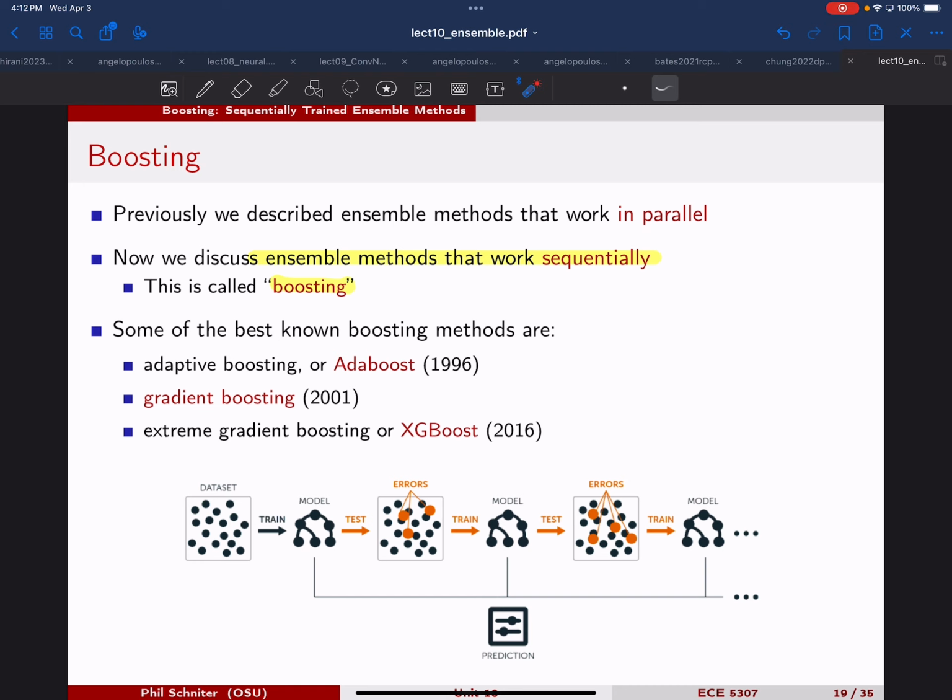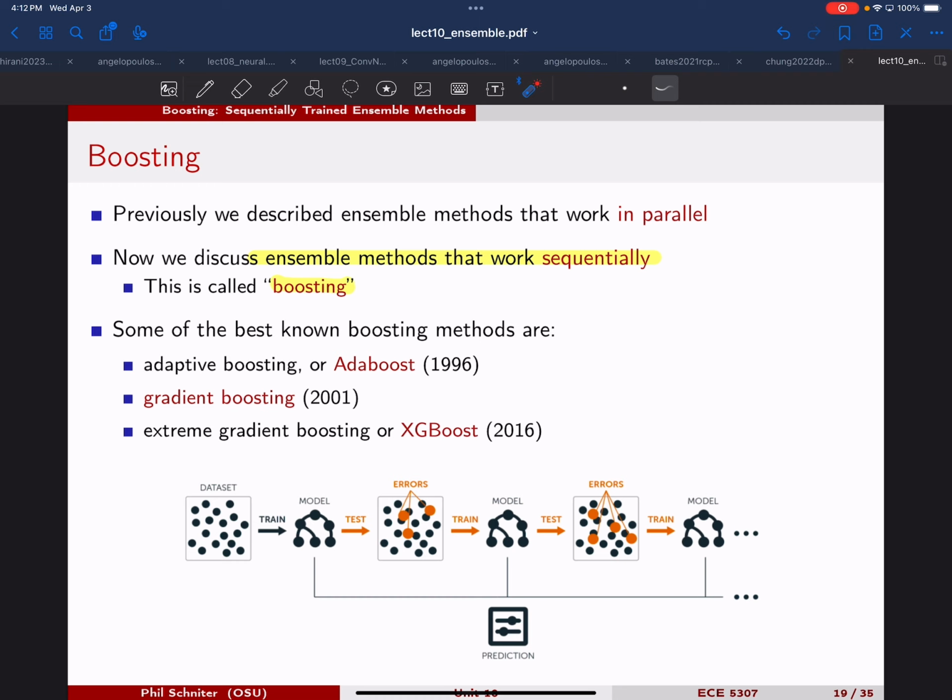Then, using this knowledge that, okay, I have this model, but it was having trouble with particular training samples, you train a new model. And this new model is trained so that in combination with the previous model, it works pretty well. And then you take this new approach and you see where did it make errors.